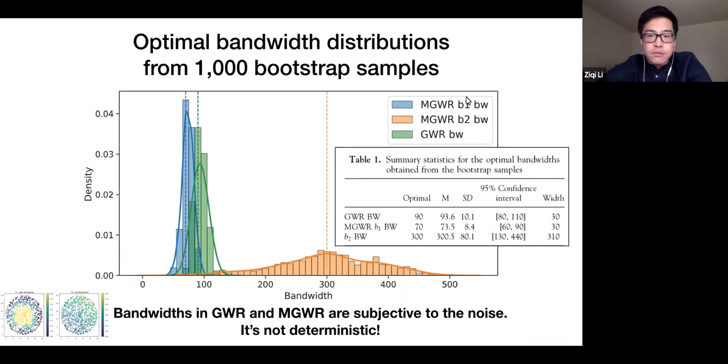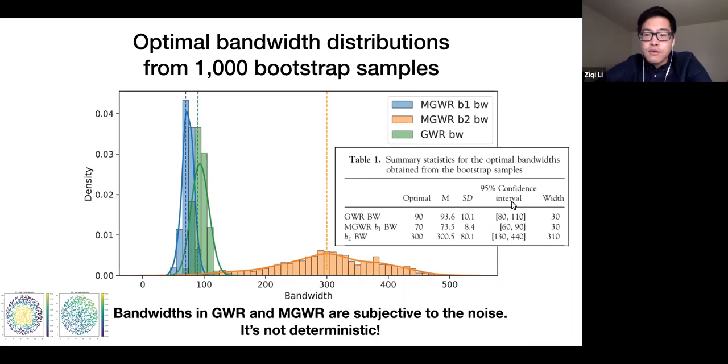And in MGWR, we're able to differentiate this one single bandwidth into two bandwidths following two different distributions. The blue bars are the bandwidth distribution that we get from the 1,000 bootstrap samples for the high heterogeneity process, this one. And for the low heterogeneity one, we get the bandwidth distribution following this one.